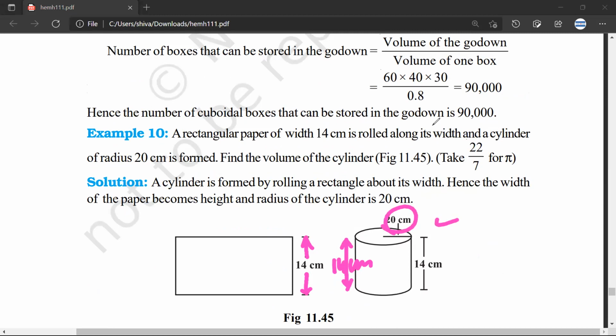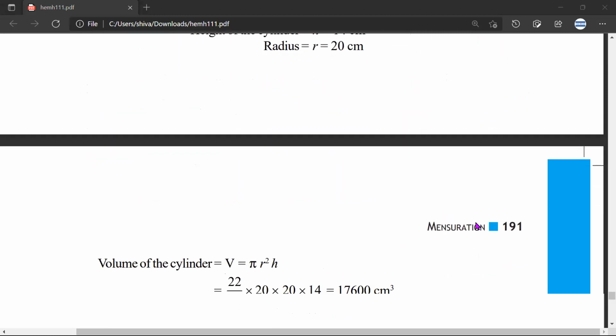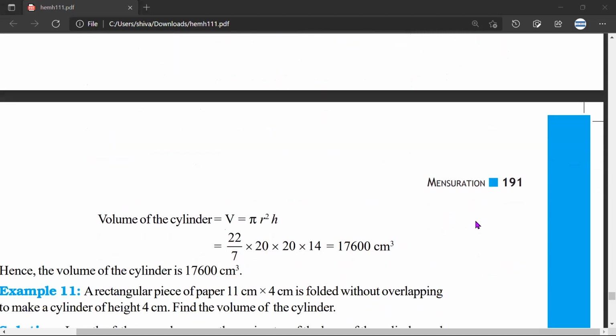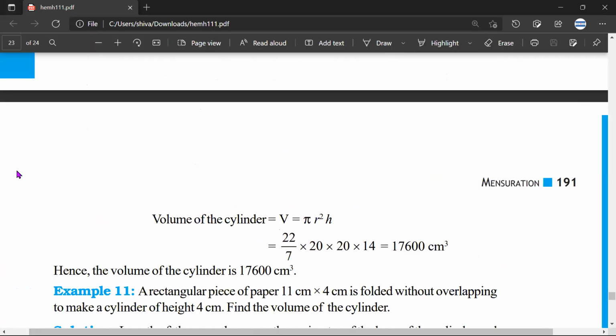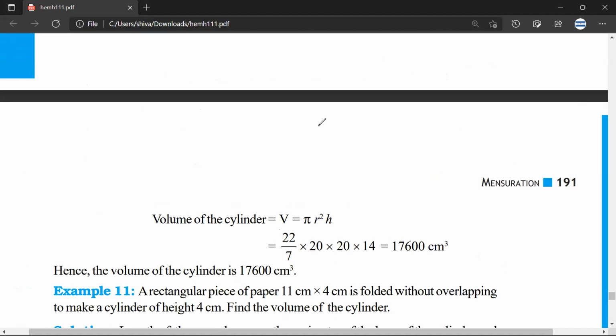And then you applied pi r square h and then you found the answer to be 17,600 centimeter cube. Mr. Satya, any doubt? No doubt. Now there's a similar question that we'll discuss so that we understand how these papers, when the paper is rolled, how do they become cylinders and what are the changes in dimensions, etc.